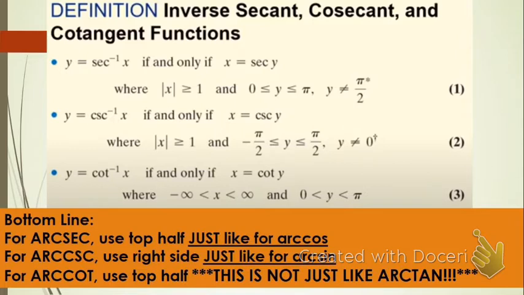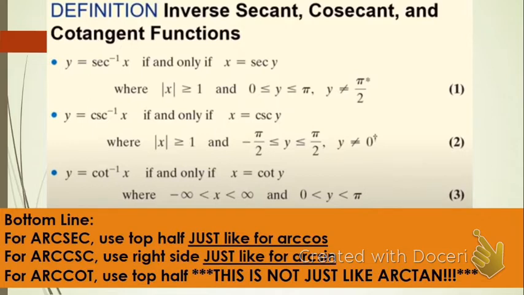At 0 and at pi, right? Cotan is undefined on the opposite ones that tangent is. It's not these two, it's these two. So for arccotan, if I have to stick between 0 and pi, where am I allowed to look? 1 and 2, top half.